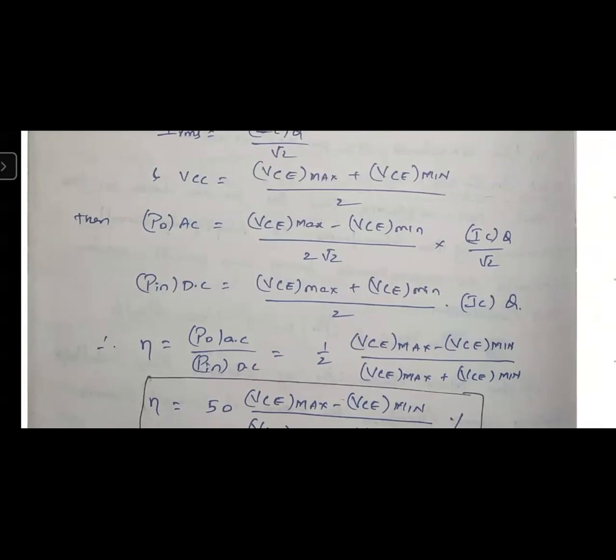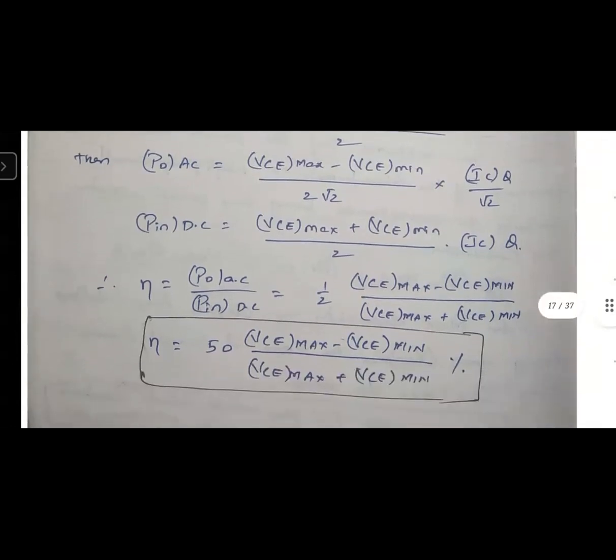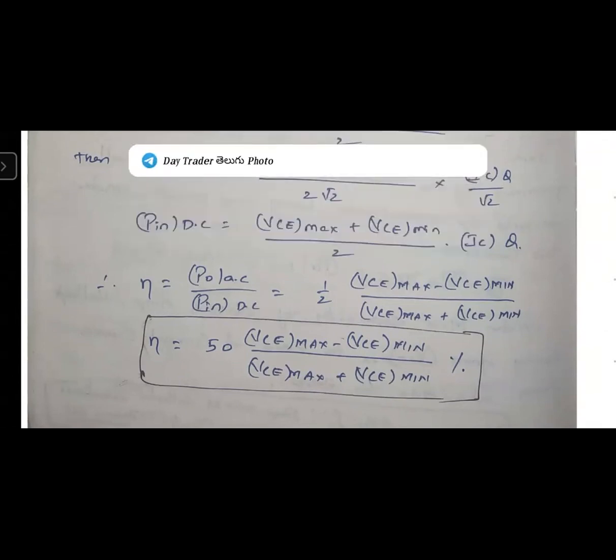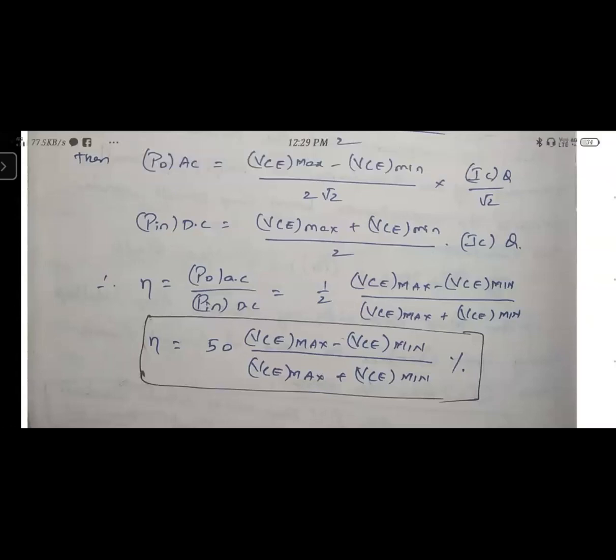That is P naught of AC by P naught of DC. We are getting here also 50%. If you simplify that relation, you get 50 times VC maximum minus VC minimum by VC maximum plus VC minimum, as a percentage.